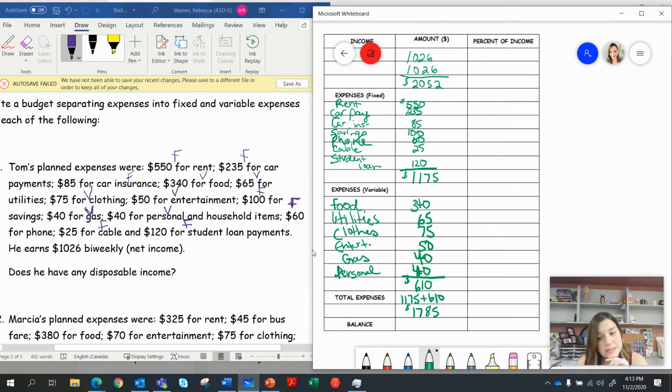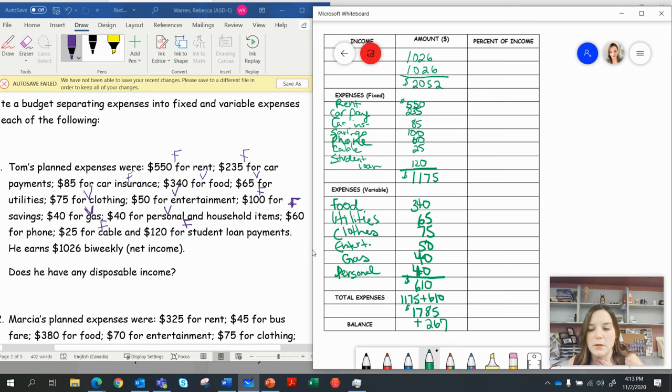And then your balance. You spent a total of $1,785 that month. The balance is you take your income, so the 2,052, and you subtract what you spent. When you take 2,052 and subtract 1,785, you get a balance of positive $267.